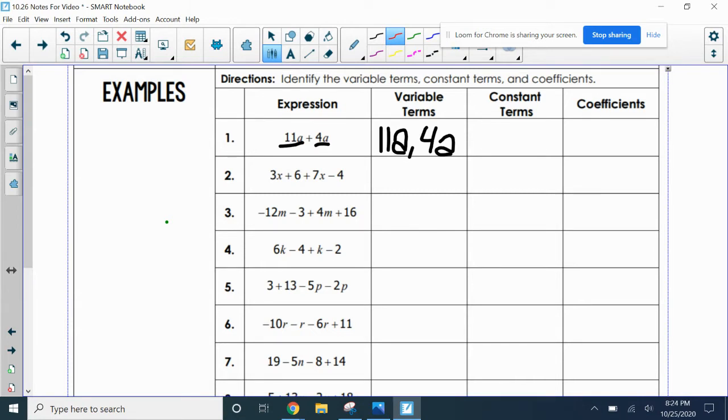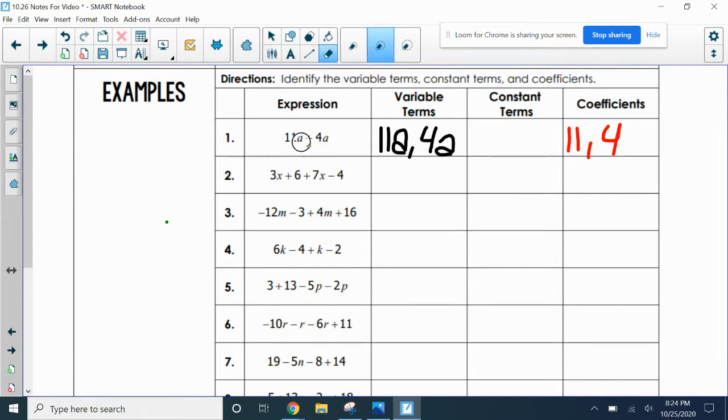Our coefficients are those numbers in that variable term attached to our variable. So our coefficients are going to be 11 and 4. And looking at this, I have no numbers that are not attached to a variable. So, for our constant term, you can put a slash through it, or I'm going to put NA, not applicable, because we have no plain old numbers not attached to a variable.